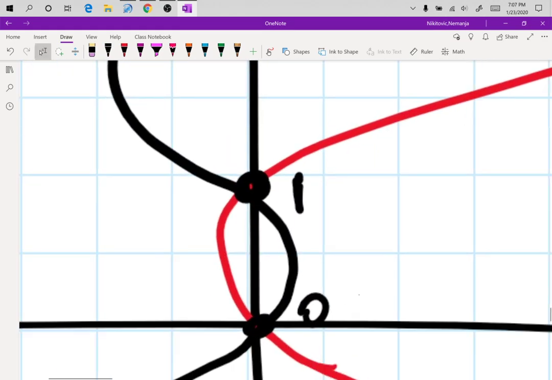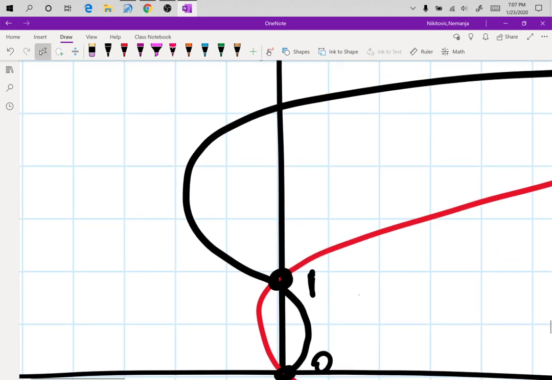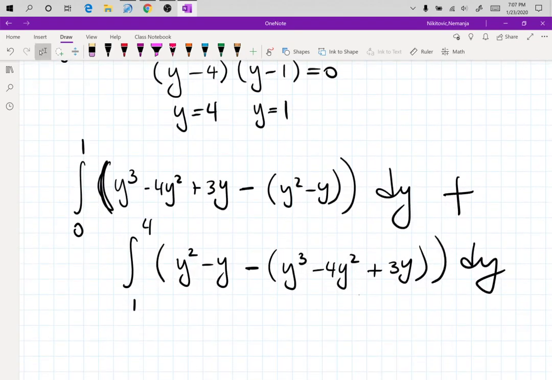I'm going to show again on the picture that between 0 and 1, black is on the right. And then between 1 and 4, you see that it goes cubic minus quadratic. And then when they switch on the picture, you have quadratic minus cubic.